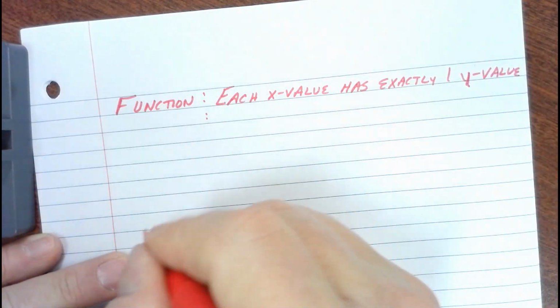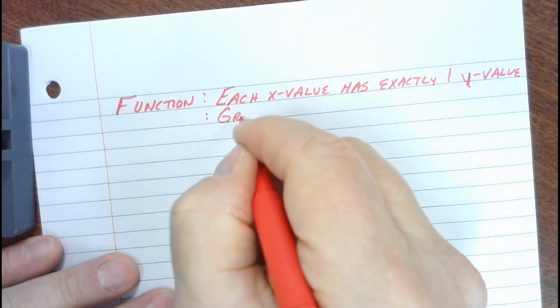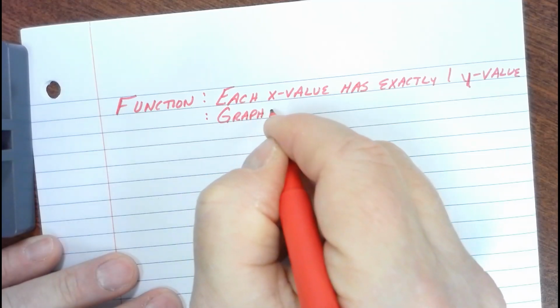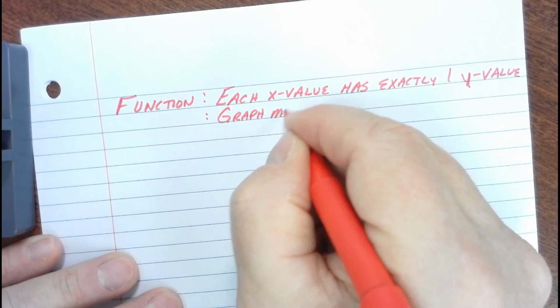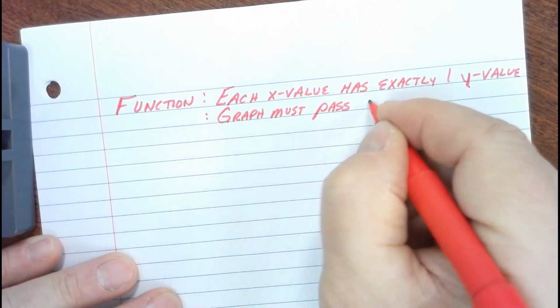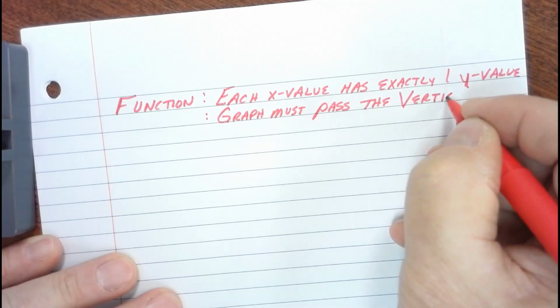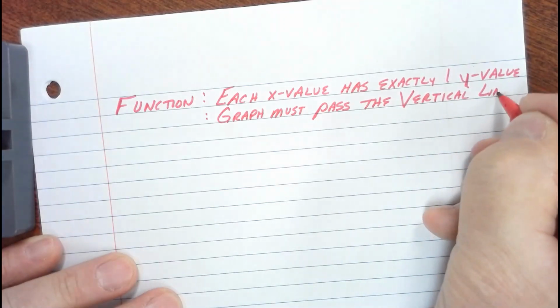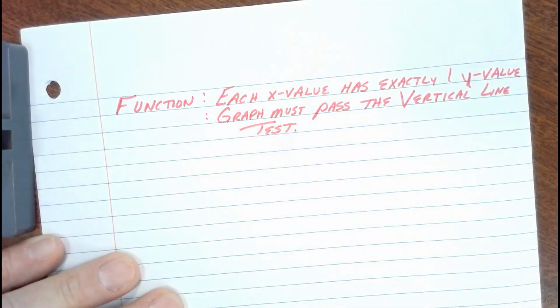And that graph must pass the vertical line test. Has to.